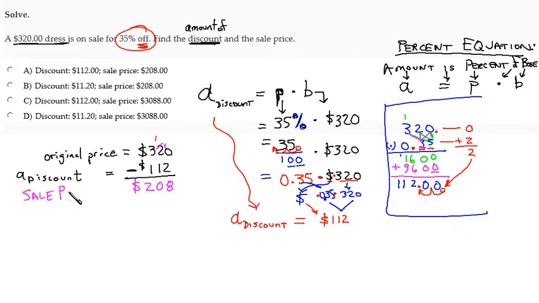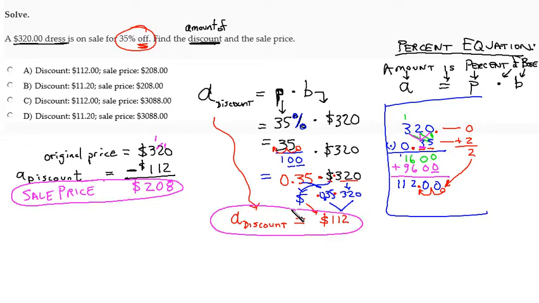The sale price is the original price subtracting out the amount of discount. So I believe we have the 2 answers. Part 1, of course, was the amount of discount. So we're going to see if we can find the answer among those listed in the choices. The amount of discount is 112. Look, each of these answers has a discount of 112. Well, actually, B doesn't. I just saw it's 11.2.